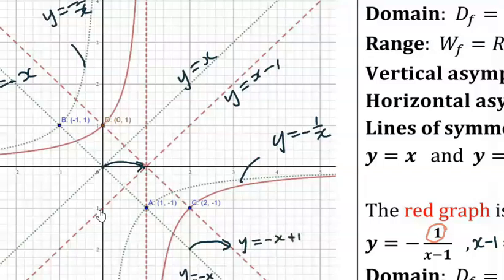So it shifted 1 unit. You can see it goes through the x-axis at 1. And also my b value shifted to my d value, which is 1 unit to the right, and my a value shifted 1 unit to the right to get my c value there.